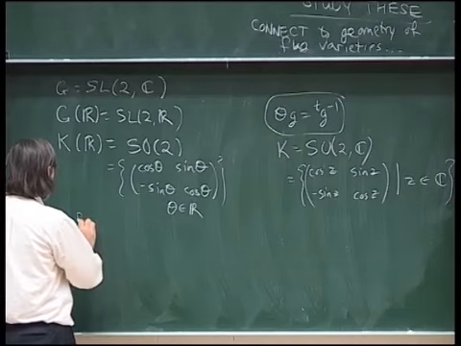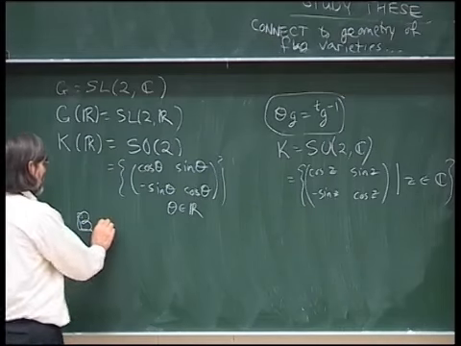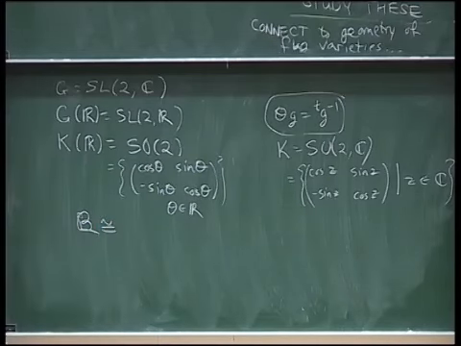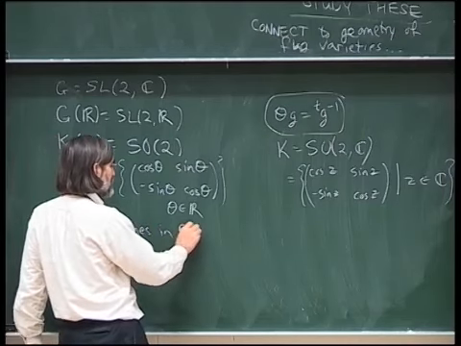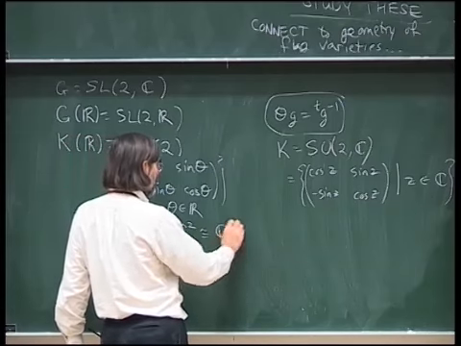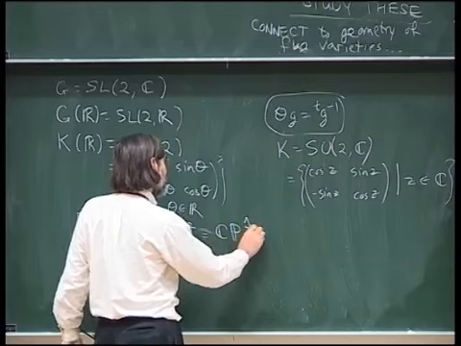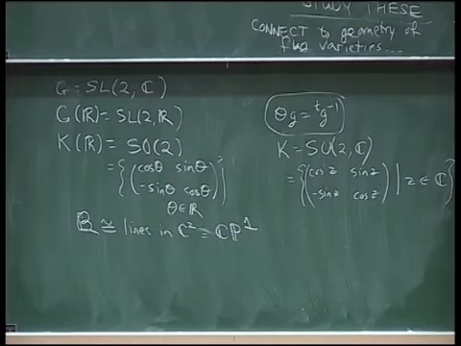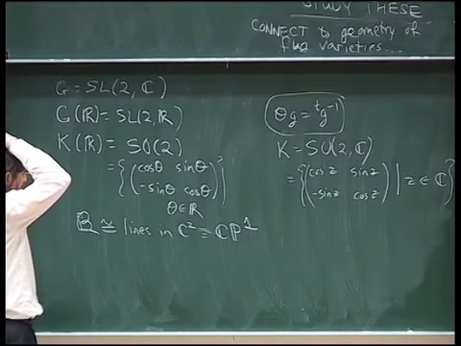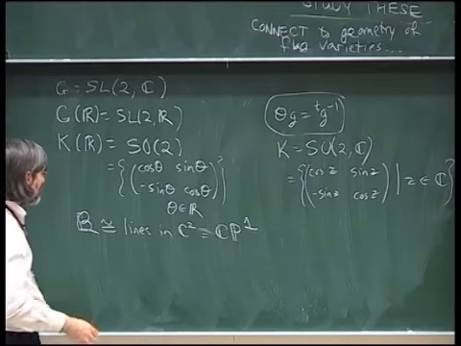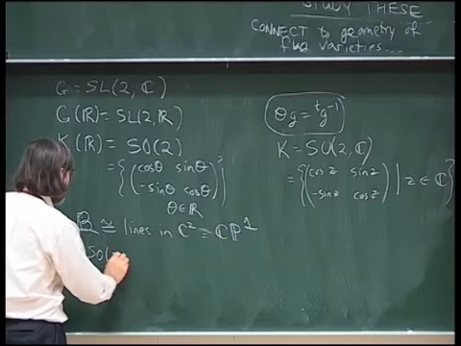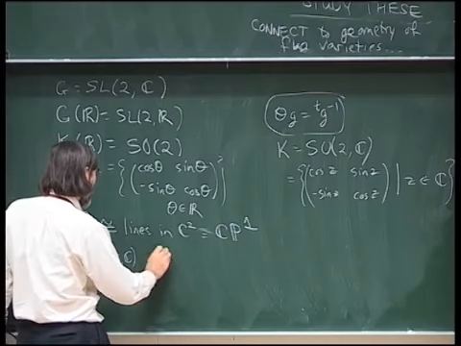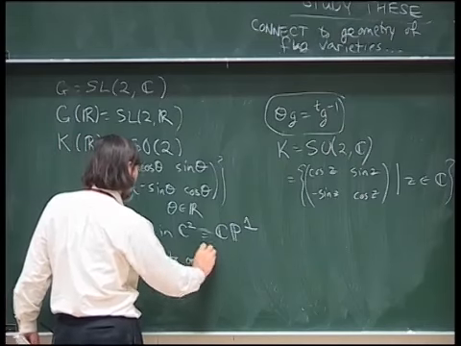And so in this setting, the flag variety can be identified with lines in C2, with CP1. That's what CP1 is. And what happens is that there are three SO2C orbits on these lines.